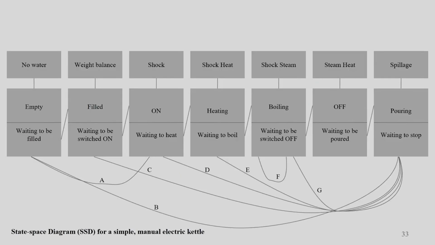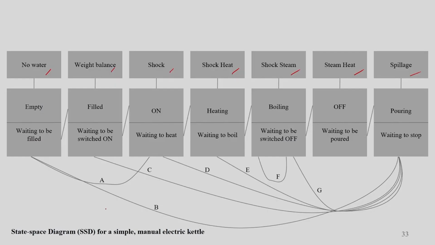So, this is the state space diagram, possible state space diagram for this electrical kettle. So, you have first initially no water, you are weighing the balance, you are trying to understand, can be shock, heat, shock system, steam heat, and then spillage. Okay, you are draining it.